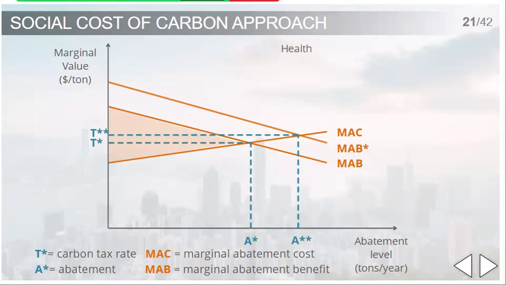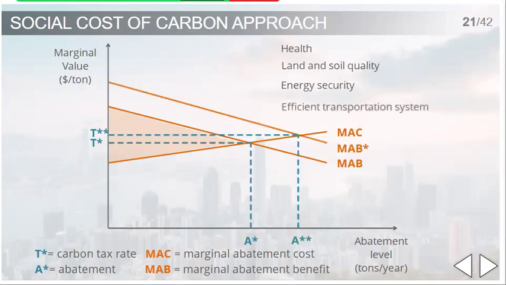Health benefits, such as decreased incidence of diseases caused by air pollutants, better land and soil quality, enhanced energy security thanks to lower dependence on imported fuels, and improved transportation systems. In the diagram, the value to society would thus increase to the extent that the MAB curve incorporates these benefits.